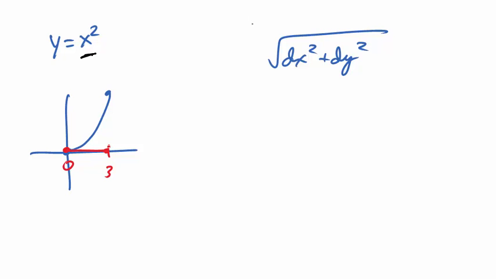So I'm going to look at that integral of the square root of dx squared plus dy squared, and I want to let my x values run from 0 to 3. But what do I do with this inside? Since my function is given in terms of x, I'm going to take this dx squared term and factor that out.